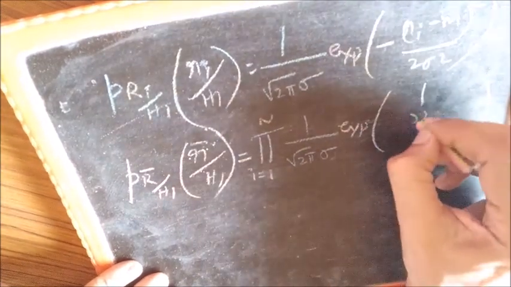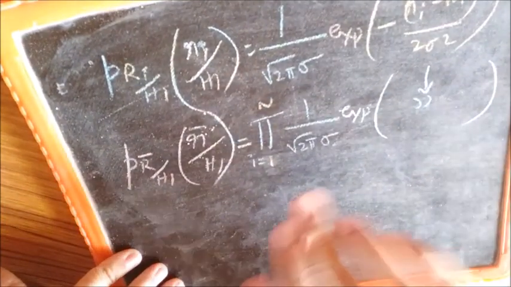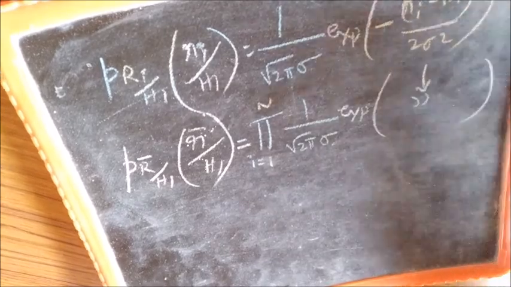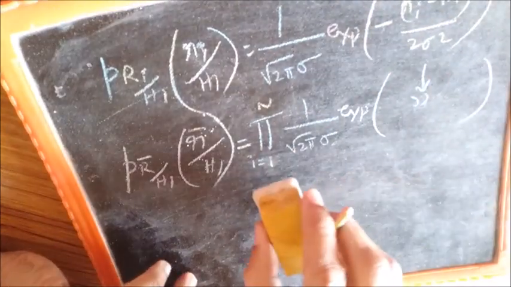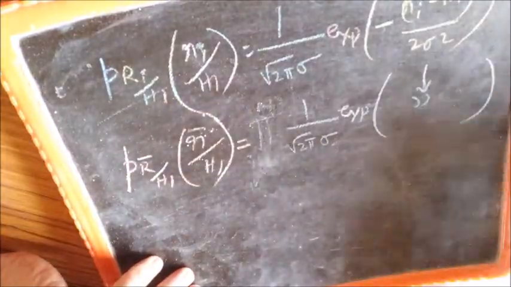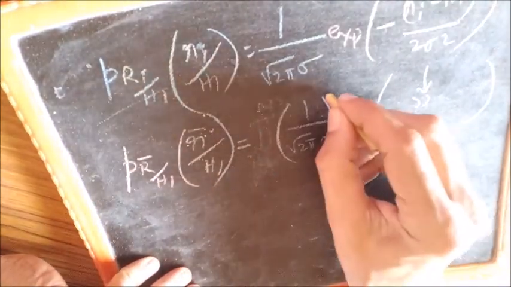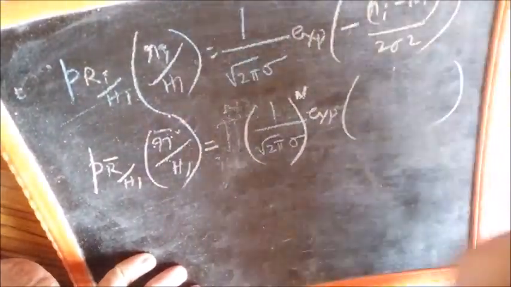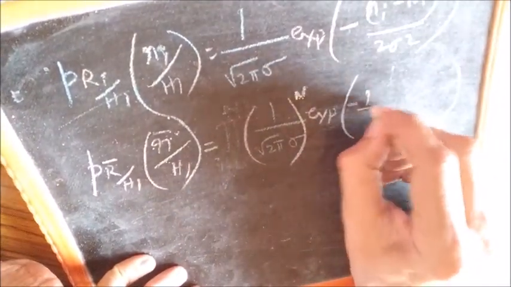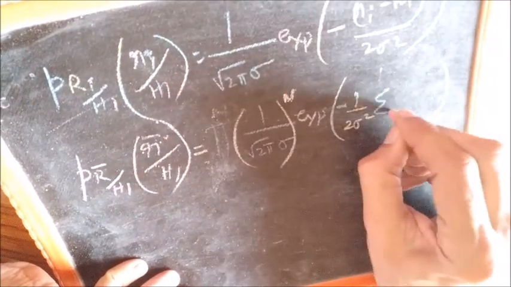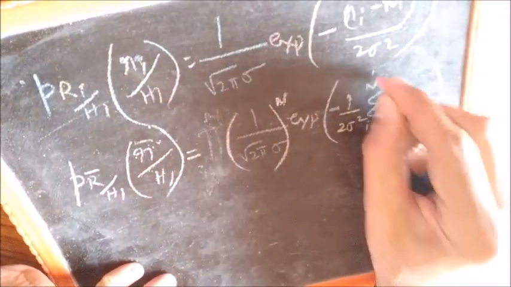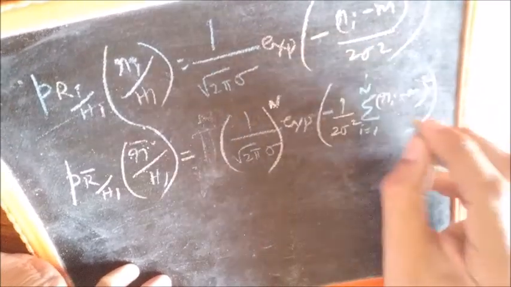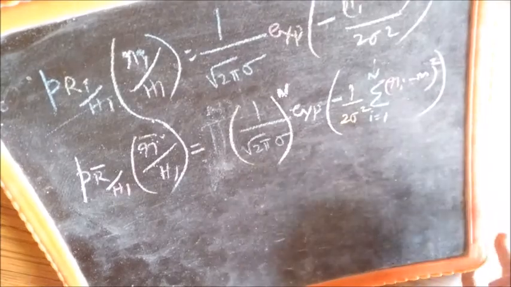You will simply multiply it. Now, by using the law of indices, we can rewrite this as the constant raised to n, and the exponent will be a summation.